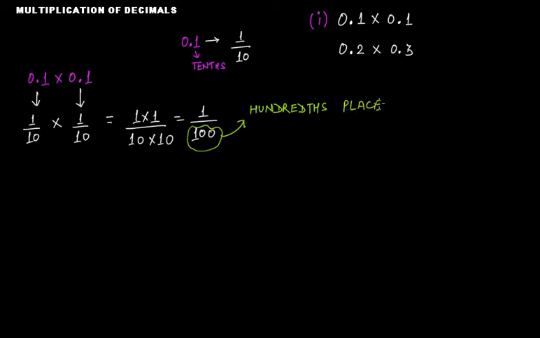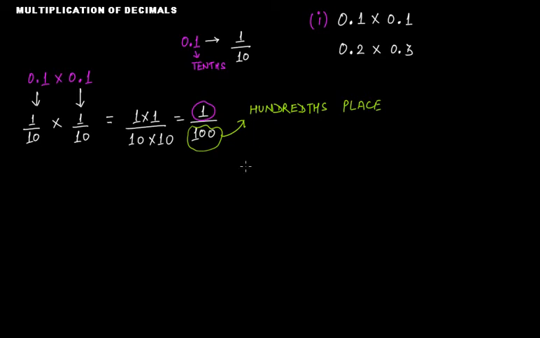And at the hundredths place, you have 1. Since it is 1/100, the multiplication of 1/10 and 1/10 comes to 1/100. This 100 tells us that I'm telling you a story about the hundredths place, and this 1 is telling you that I'm present at the hundredths place, and there is no tenths place, right?